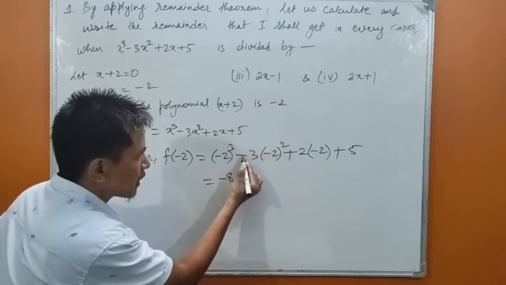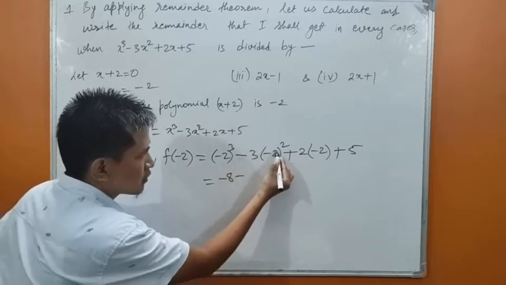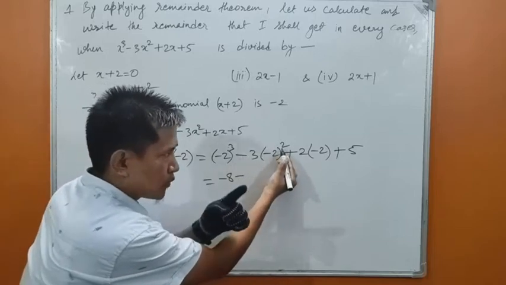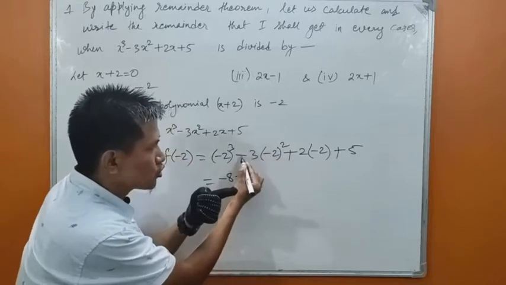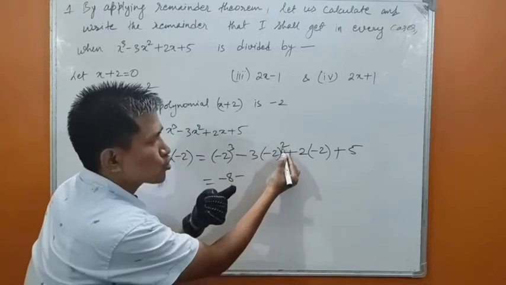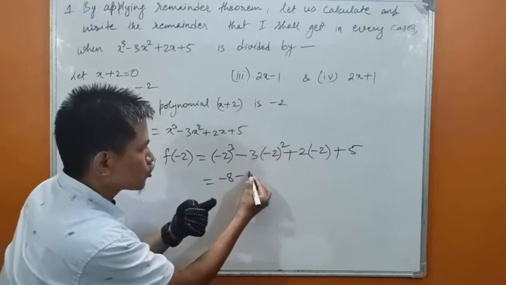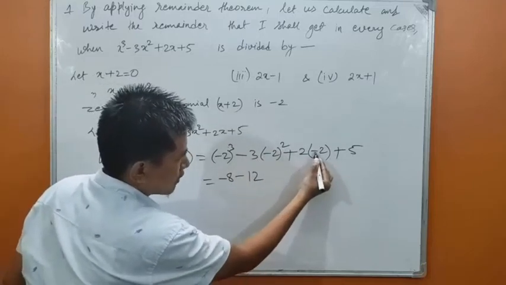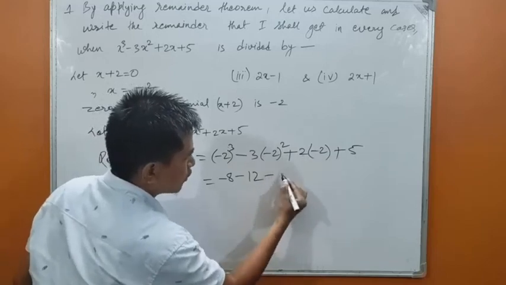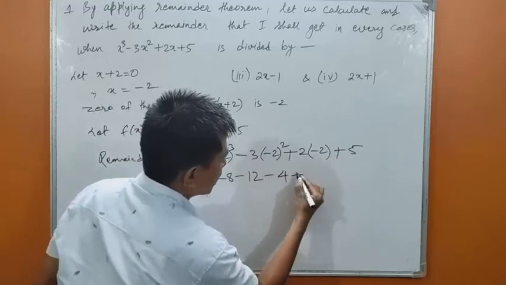Plus into minus is minus. 2 squared is 4, 4 3s are 12. Plus into minus is minus, 2 2s are 4, and this is plus 5.